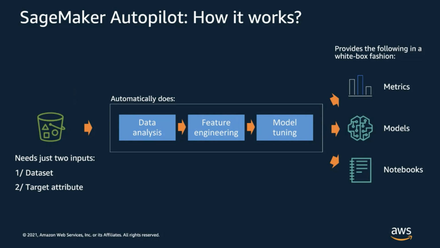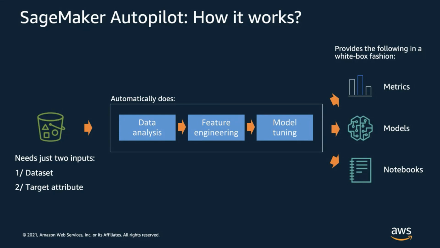Then Autopilot automatically analyzes your dataset, like any data scientist would do an exploratory data analysis, and then explores all the machine learning solutions with different combinations of data preprocessors, algorithms, and hyperparameters to find the best combination of those, as well as the best model and hyperparameters.